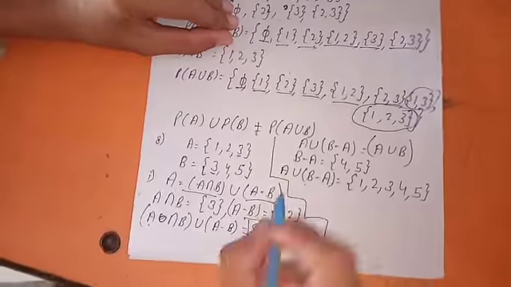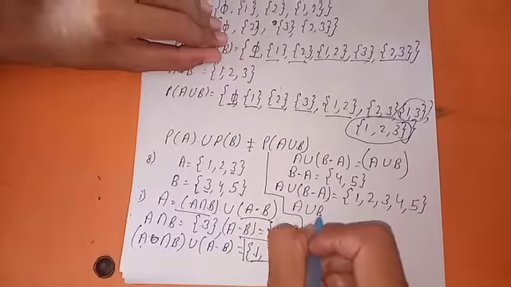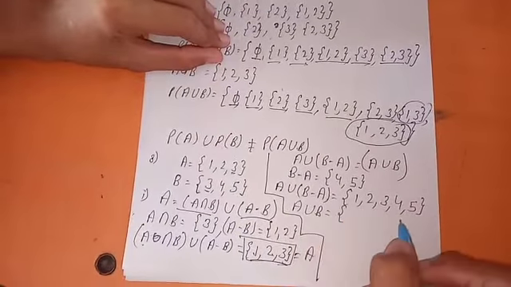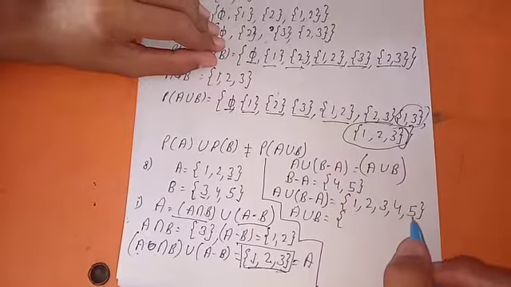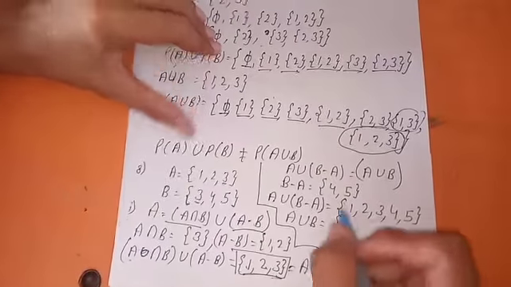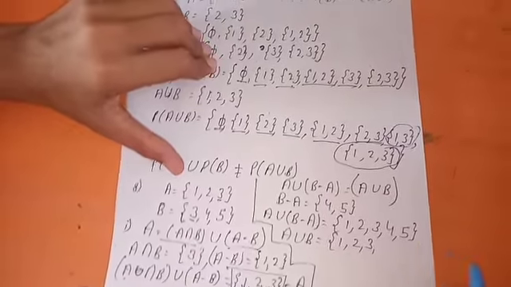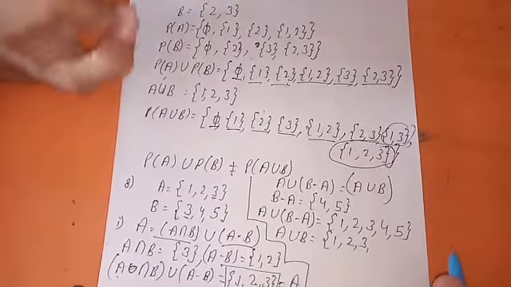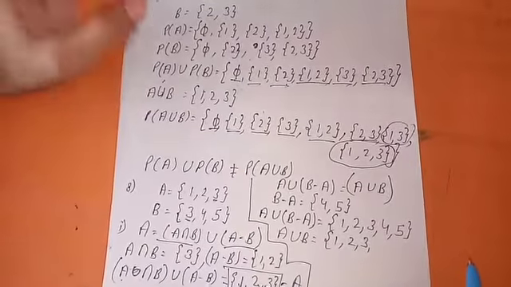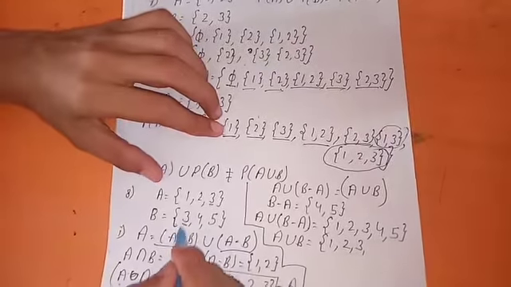Now we will find A union B. A union B will be the elements of A. Okay. Then we will check which elements of B are in A. That is 3.